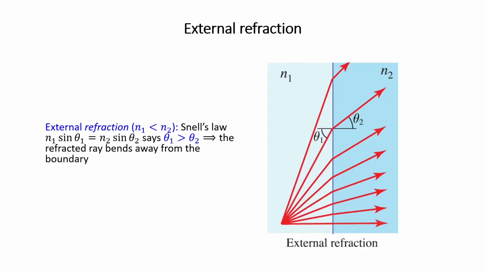So theta 1 must be greater than theta 2, otherwise Snell's law won't be satisfied. When theta 1 is greater than theta 2, the refracted or transmitted rays bend away from the boundary as you see in this figure. This is an example of external refraction.